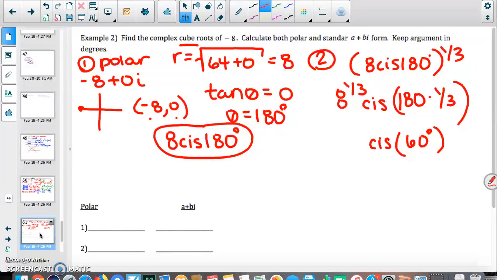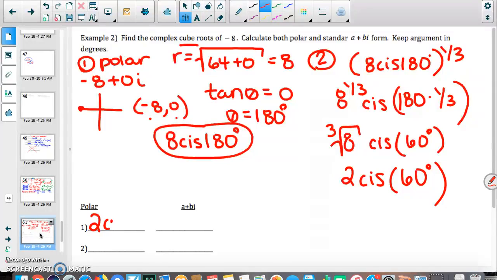Okay, so we should have 60 degrees there. 8 to the 1/3 power, so that's the cube root of 8. If you don't think right away 2 times 2 times 2, you could use your calculator, but hopefully eventually you can simplify that to be this. So that is my first answer.